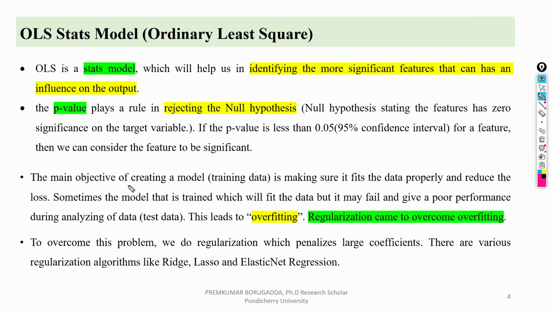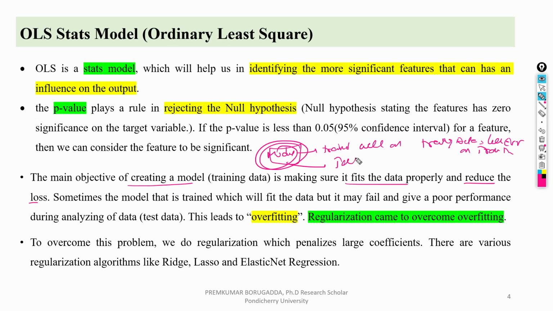The main objective of creating the model is to make sure that it fits the data properly and reduces the loss. The model is trained well on the training data, getting less error. But when the trained model is applied on the test data, it gets more error.